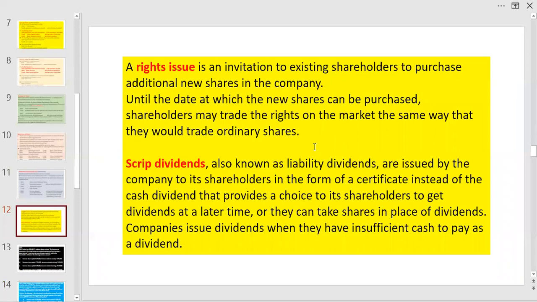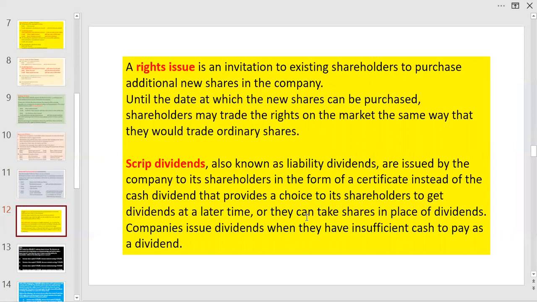Scrip dividend is, instead of giving cash dividends, a certificate given to the shareholders either for them to obtain the money on a future date or they can use this against the purchase of new shares from the company. Here again the issue of share entries will be the same.